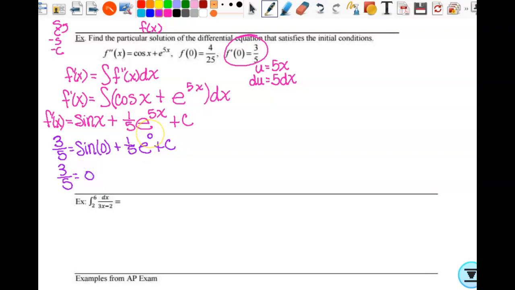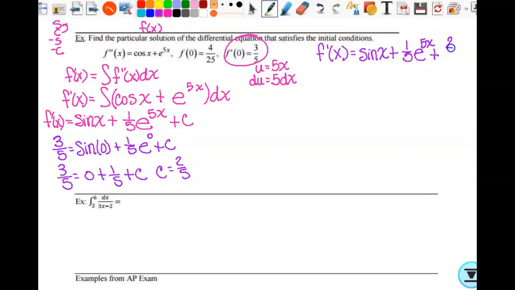What's e to the 0? 1. So that's plus 1/5 plus c. So what does c equal? 2/5. So that means that f prime of x is equal to the sine of x plus 1/5 e to the 5x plus 2/5.